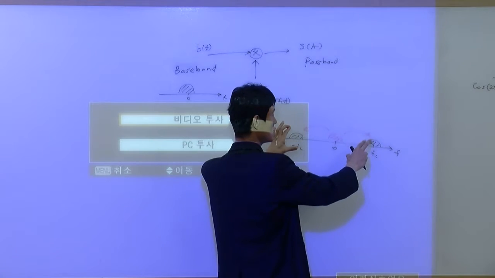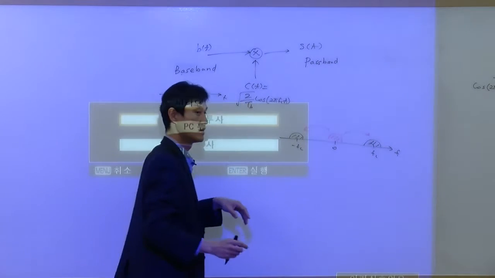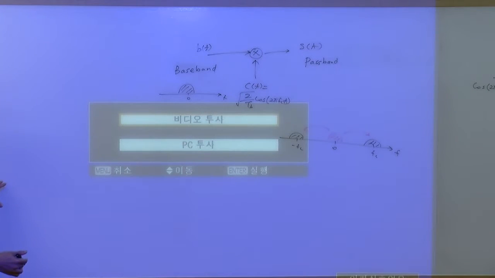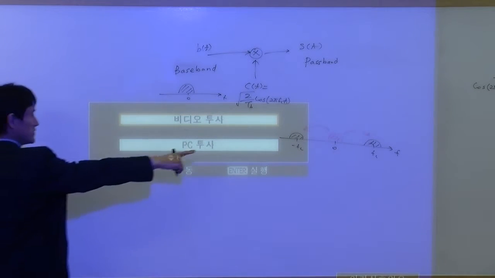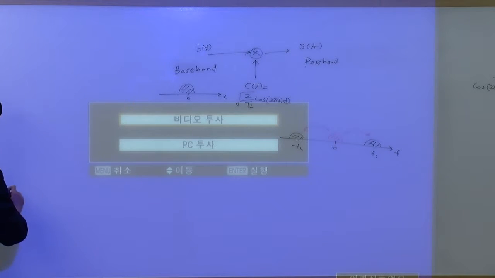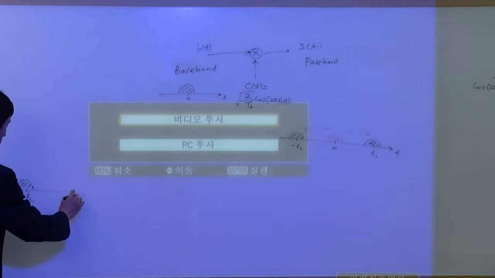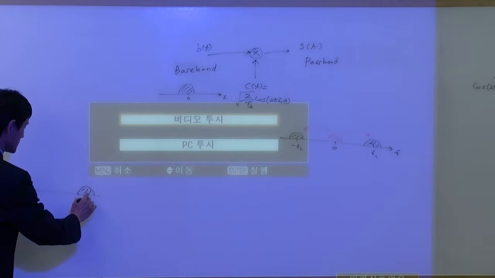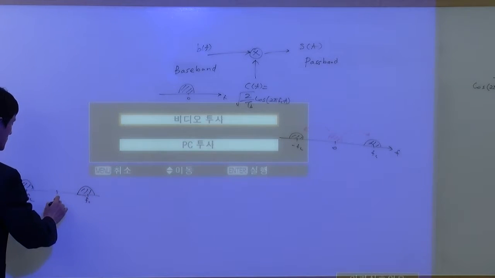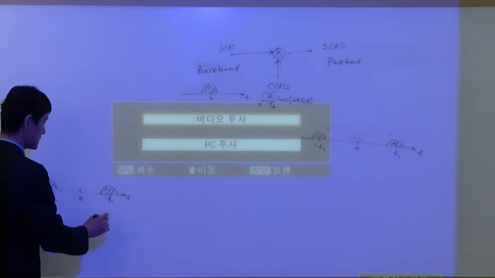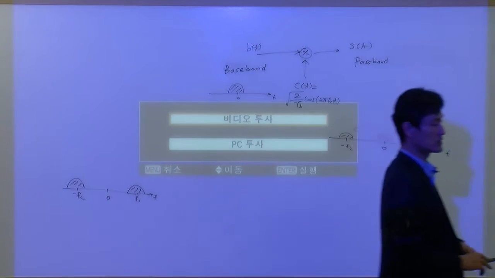This is a frequency picture of ST. Now at the receiver, we're going to receive that picture, with minus FC and plus FC, and 0. This signal now comes into the receiver.